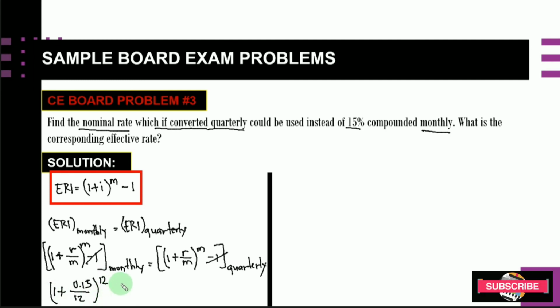Don't be confused, the formula states only M, there is no N, so don't multiply, because it is already M. So our M for month is 12, directly 12. And this is equivalent to this one: 1 plus your R, and your M for quarterly, there are 4 quarters, so it is 4, and this is raised to the 4.